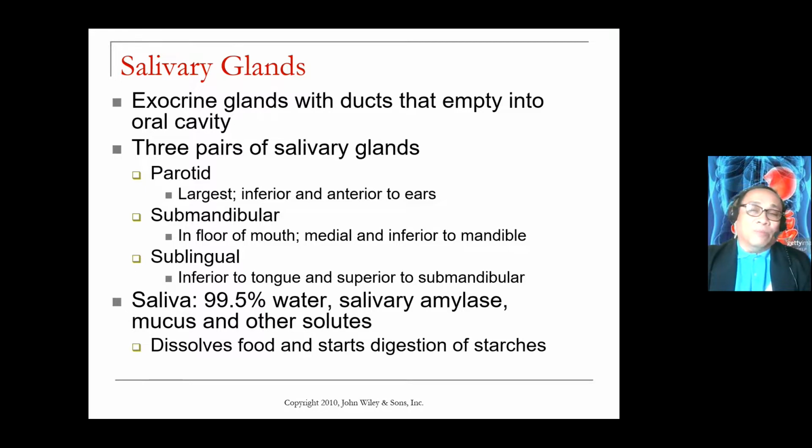And the answer is carbohydrates. And what helps in their early digestion is salivary amylase. And mucus and other solutes are also present. Usually, they improve the quality or enhance the property of the saliva.